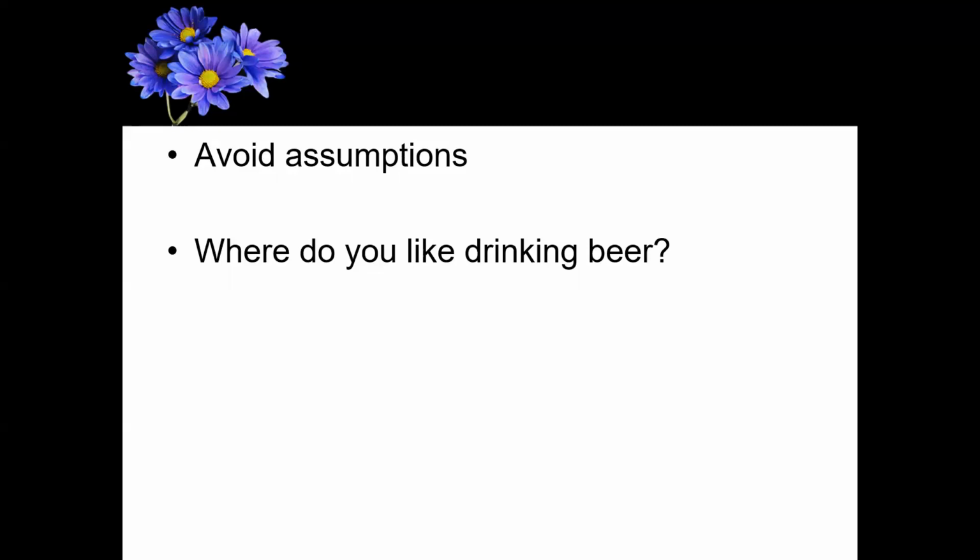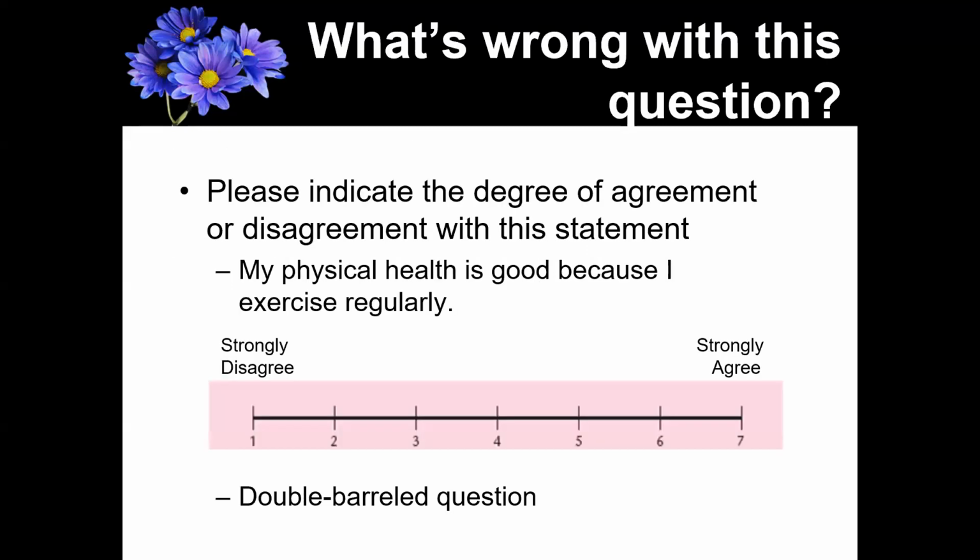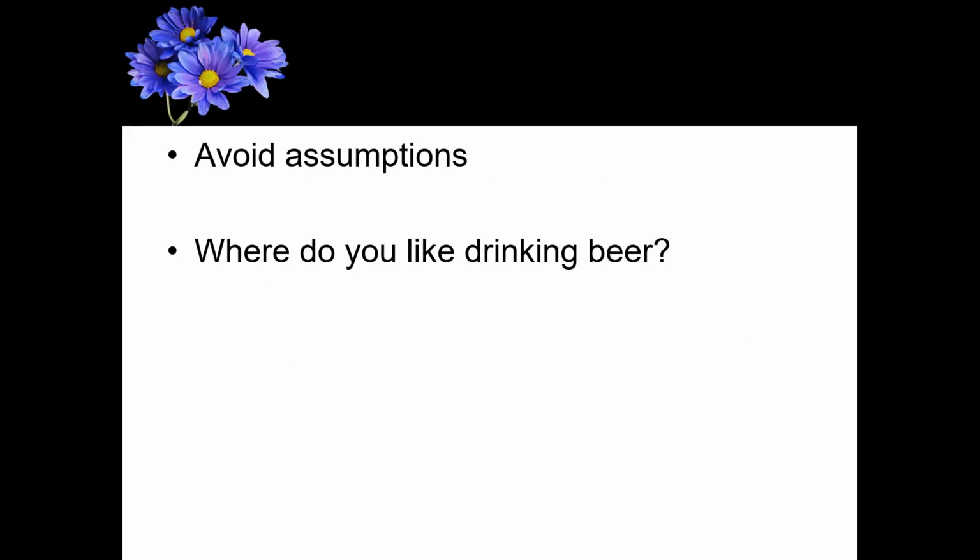We also want to avoid assumptions. This goes hand in hand with the next one we'll talk about, but sometimes you ask a question and it's predicated on one thing already being true. So, for example, asking, where do you like drinking beer? That's really kind of a dumb question, because how do you know that the person likes drinking beer?